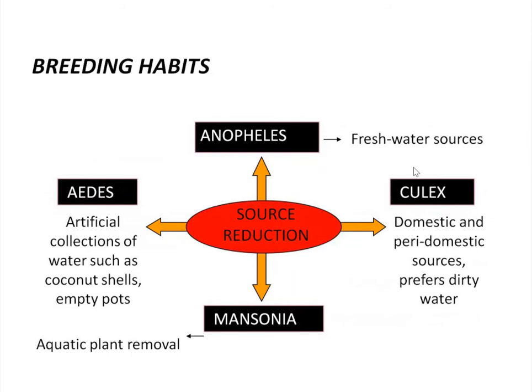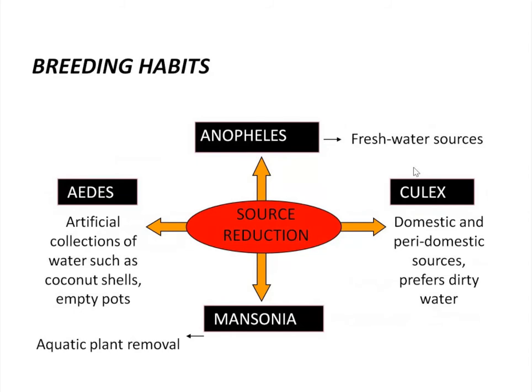Suppose you find more dengue cases. Then it is important to know where exactly these Aedes mosquitoes breed. Aedes mosquitoes breed in artificial containers, wherever artificial collections of water are present. It can be coconut shells, empty pots, flower vases, any fridge or ACs, where artificial stagnation of water is there inside the house.